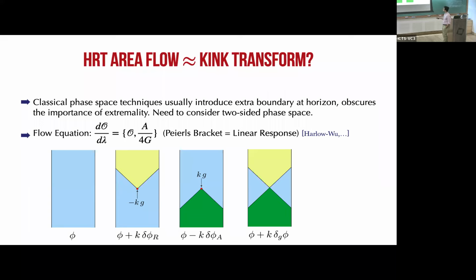When you do that, you start with the Einstein action and deform it with the operator that you want to compute the bracket for. So in this context, we'll consider A/4G, and you add a source, which is represented by this red dot here, sourced by the area. But now it's important that it's the area of an extremal surface.